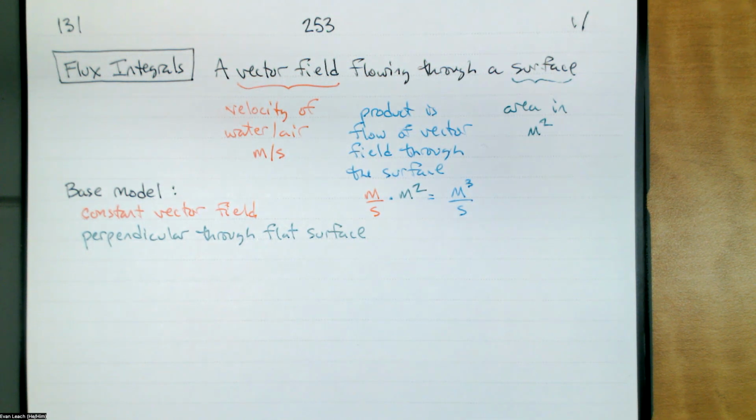What we want is the angle between the vector field and vectors normal to the surface to be 0 degrees, so that when we multiply using the dot product, the cosine of the angle, or cosine of 0, is equal to 1. And so we don't have to worry about things going through at funky angles.